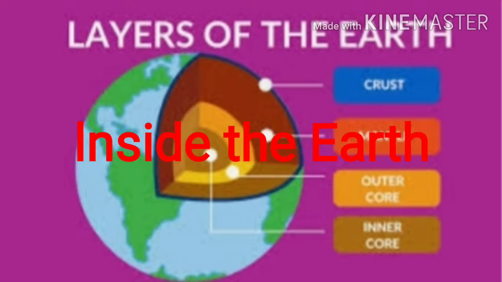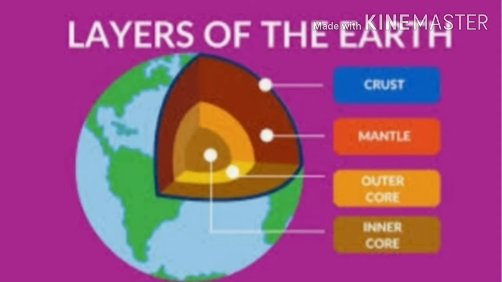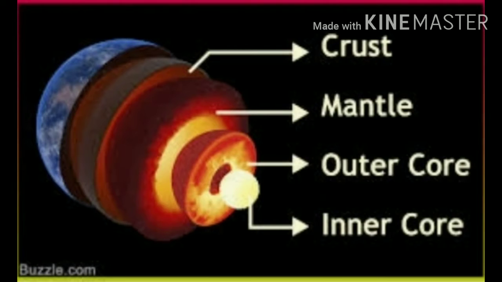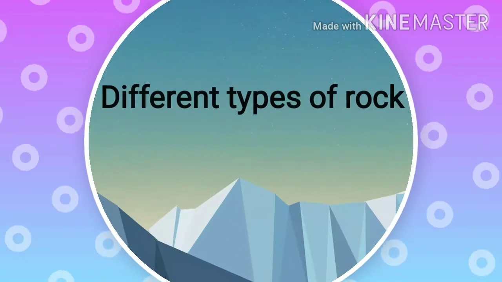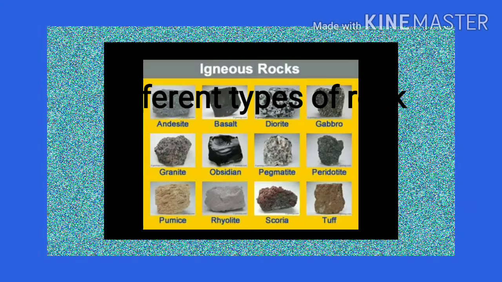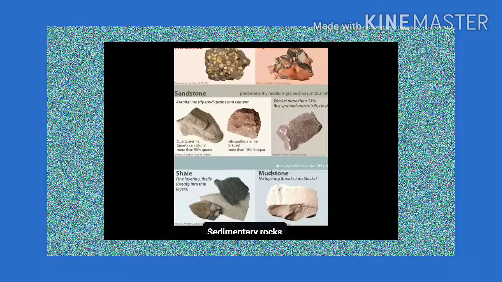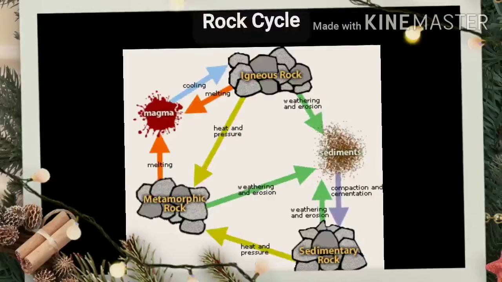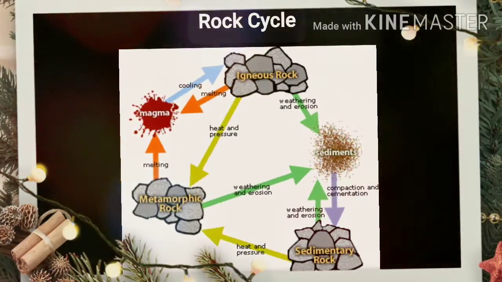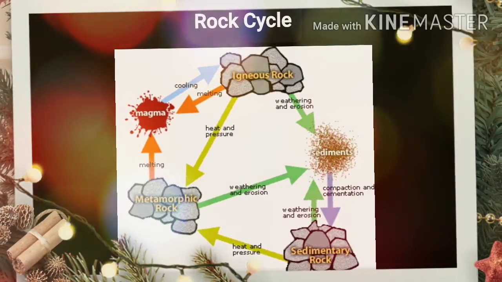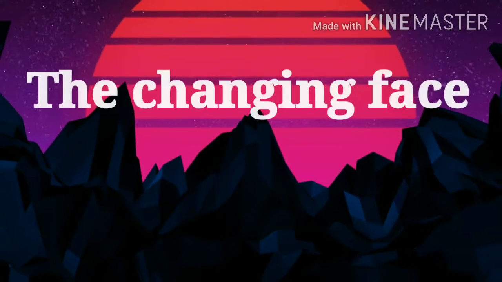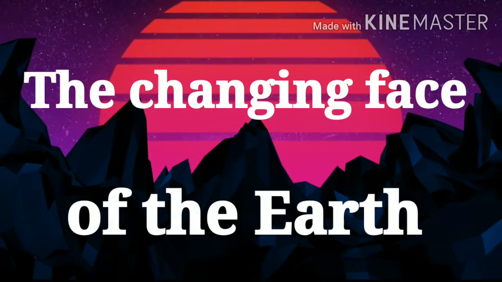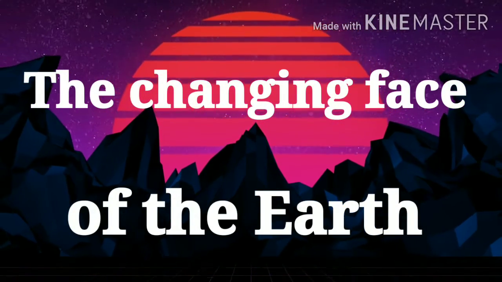The earth is divided into three layers: the crust, the mantle, the core, the outer core, the inner core, different types of rocks, igneous rocks, sedimentary rocks, metamorphic rocks, and rock cycle in which a rock changes from one kind to another. Today we will start with a new chapter, the changing face of the earth.